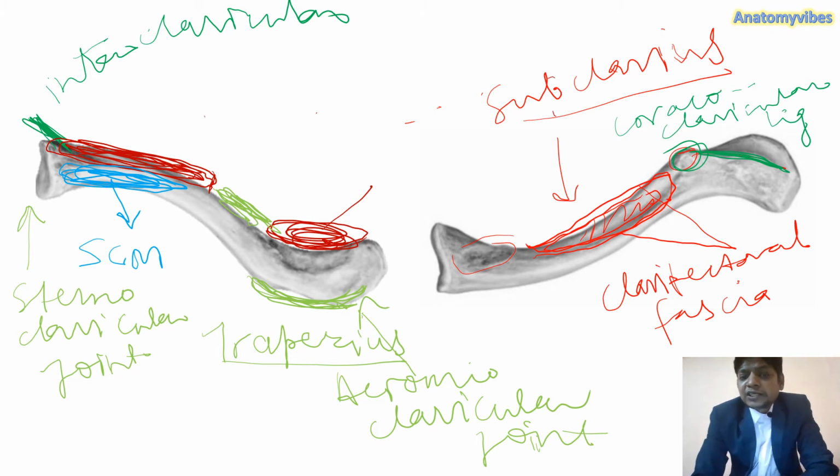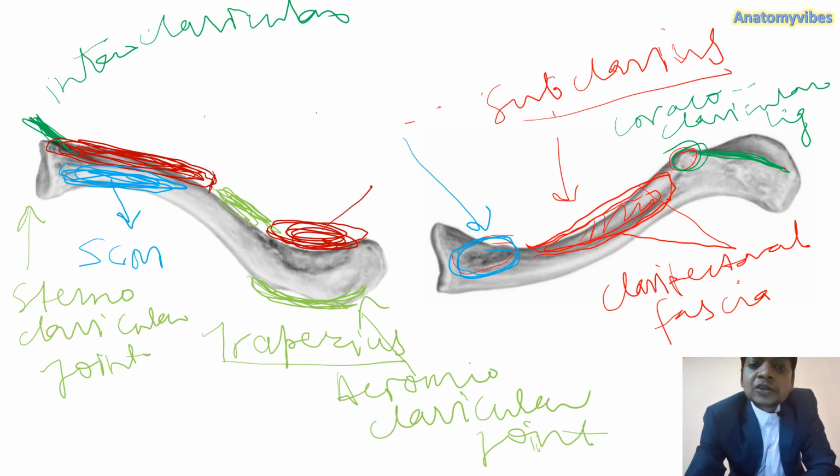Both attach here. Now the rough area, which I mentioned previously, is for attachment of a ligament going to the first costal cartilage. This is known as the costoclavicular ligament.